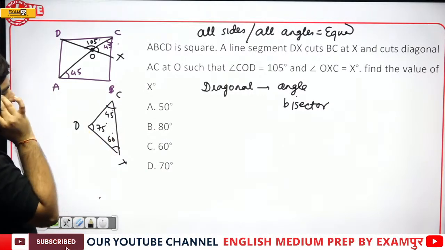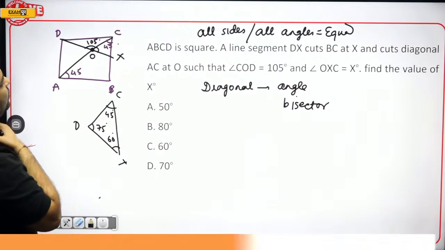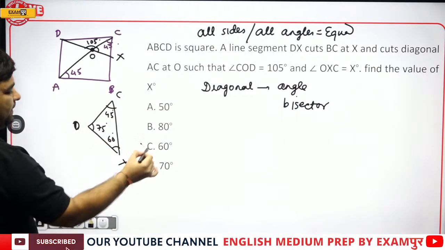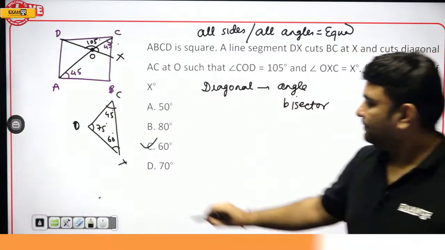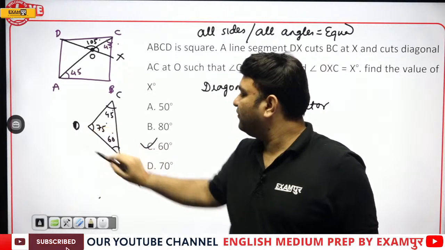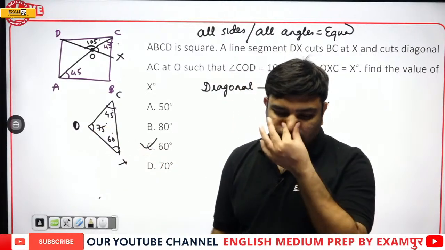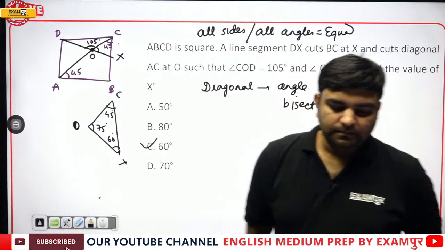They are asking OXC. Yeah, they are asking OXC, which is 60. Clear to all, guys?